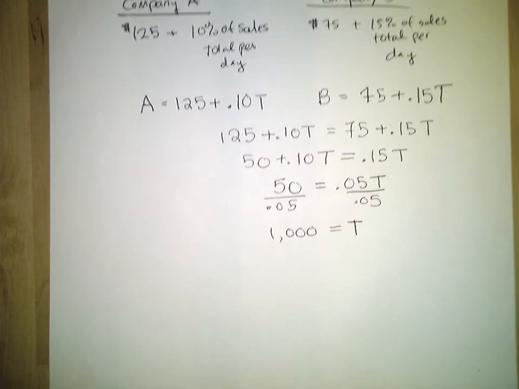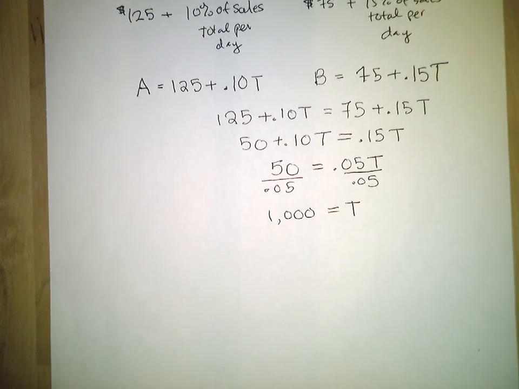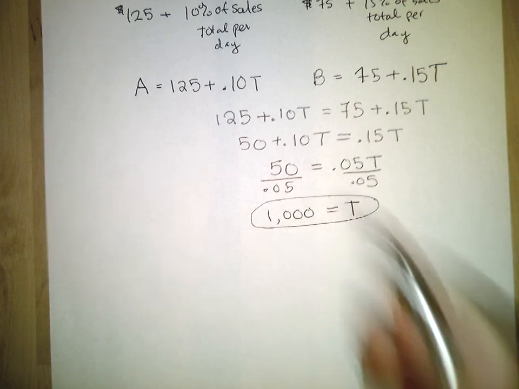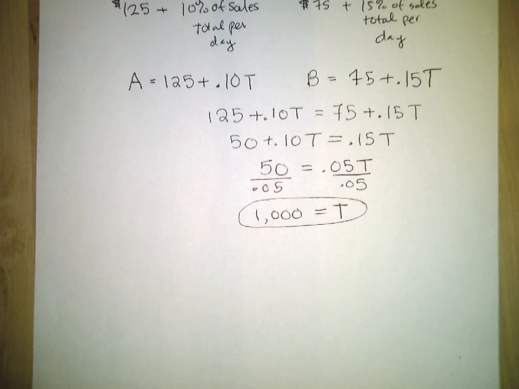So $1,000 is the smallest daily sales that the person would need to make in order to make Company B as lucrative for the salesperson as Company A, meaning that the person would make just as much money at Company B as at Company A if the person made $1,000.